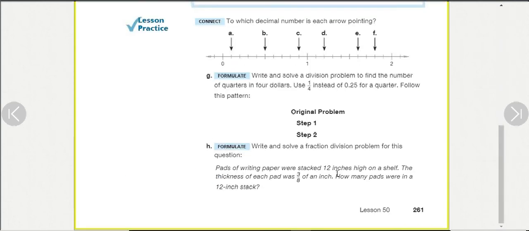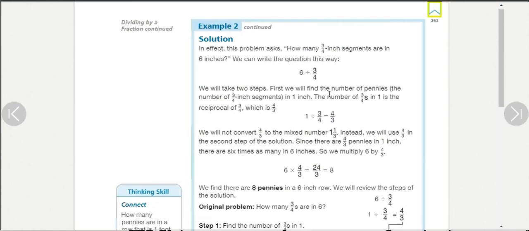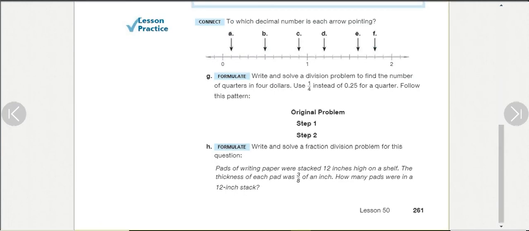Now let's do one here together. Let's look at H. Right here on page 261, H says, write and solve a fraction division problem for this question. Pads of writing paper were stacked 12 inches high. I like to draw these out.